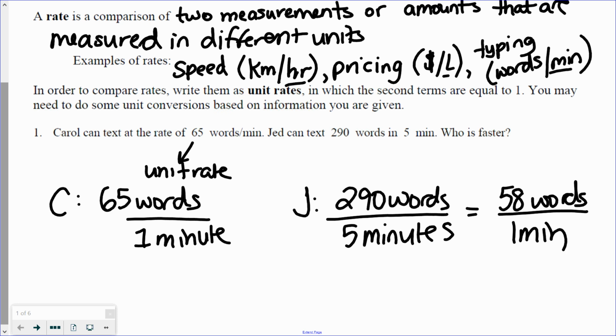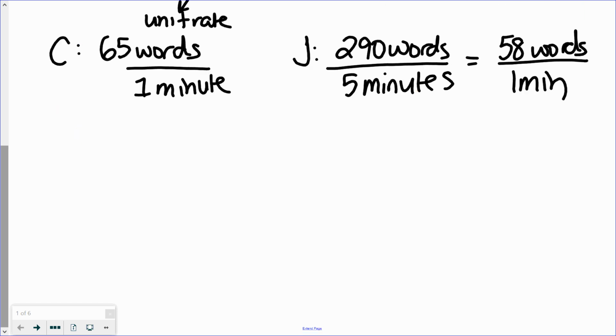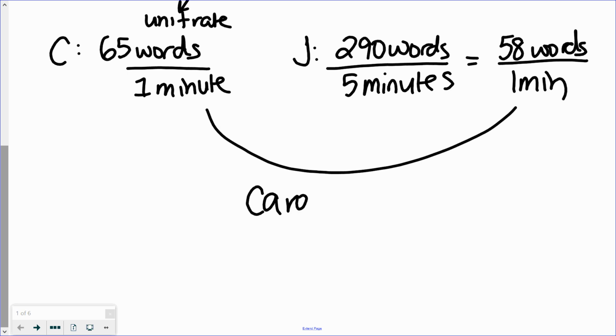So we're dividing that 290 divided by 5 to get us our unit rate, or our number of words per minute. So here, Carol is faster, right? She can type 65 words, whereas Jed can only type 58 in 1 minute. So that's kind of talking about unit rates.